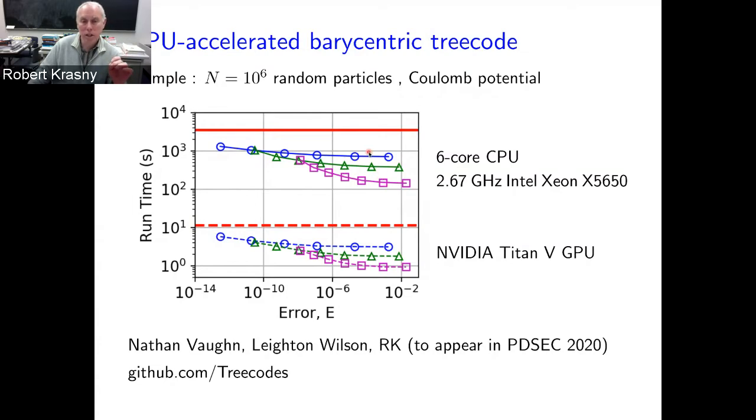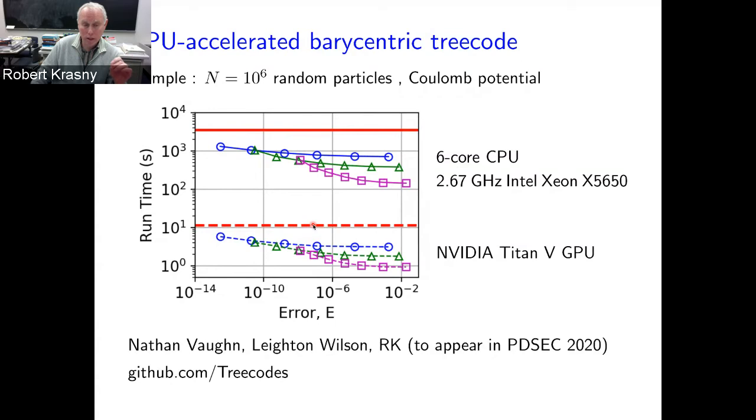With 3 different values of the parameter, we can efficiently get down to machine precision, and still beat direct summation. Now that's on a CPU. The barycentric tree code is implemented now on a GPU, and it's beating direct summation by a fair amount.